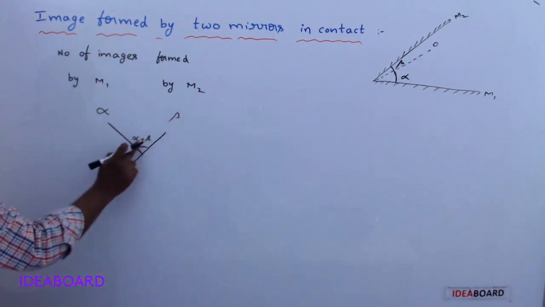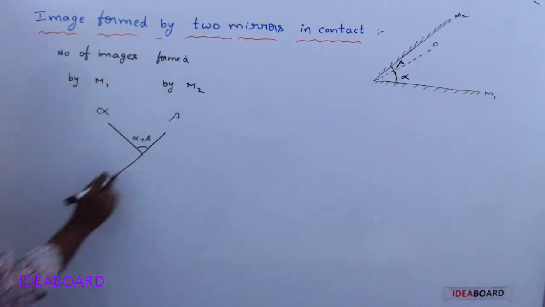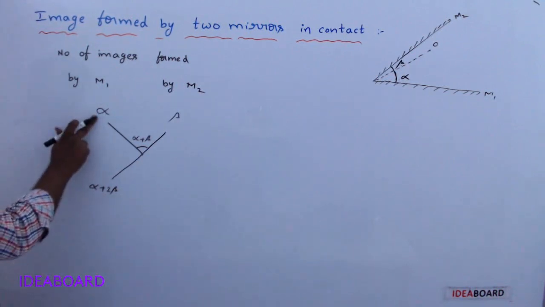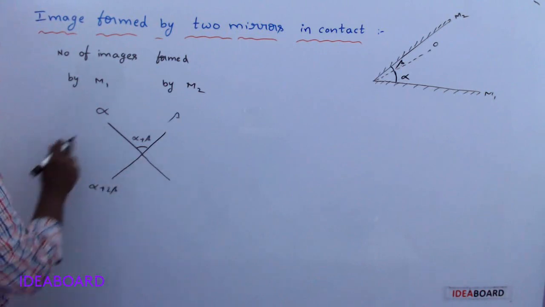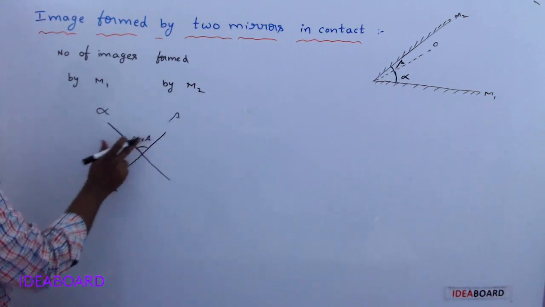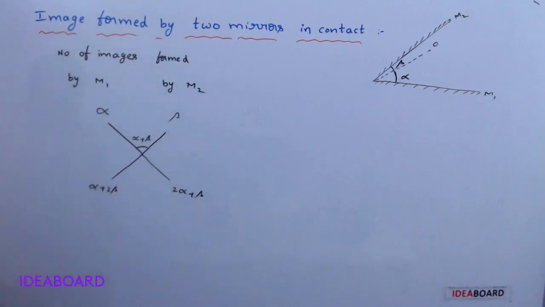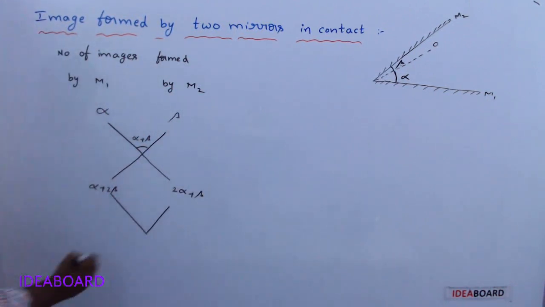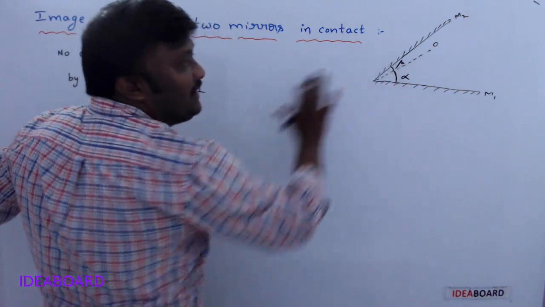Now you may extend this line on this side. So beta is now added to the alpha plus beta. Then what do we get? Alpha plus beta plus beta means alpha plus 2 beta. Here alpha is there. Just extend this line on this side: alpha plus alpha, 2 alpha plus beta. Are you understanding? Now again, in the crisscross method, the angle between M1 and M2 does not change.